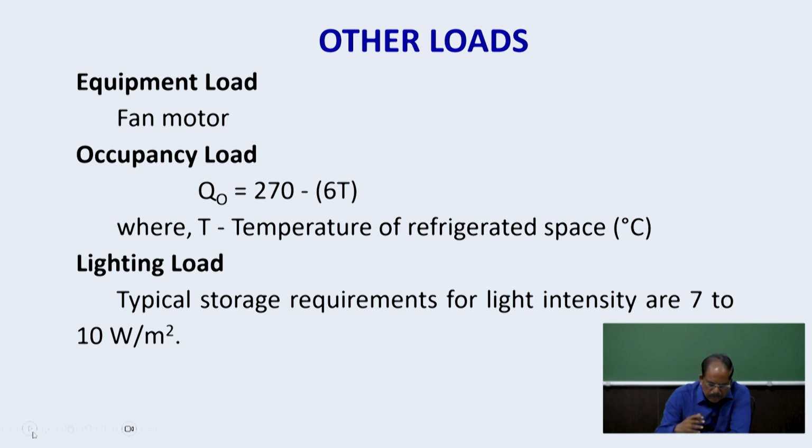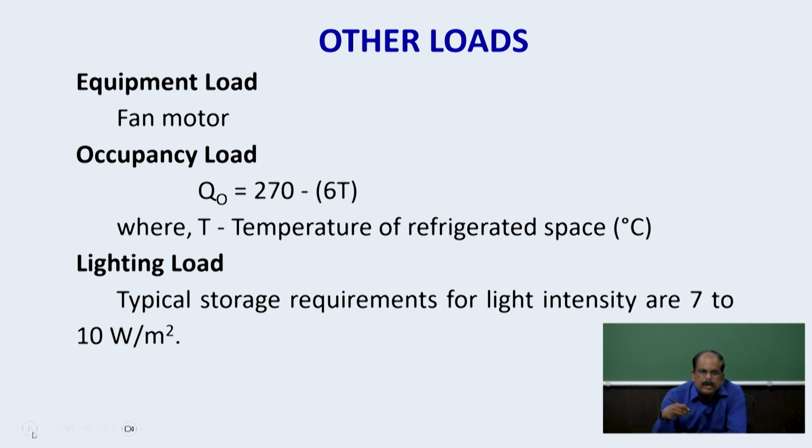This occupancy load can be calculated using the tables as per ASHRAE or ISHRAE standards. Even for the fan motor load, the rated kilowatt will be given. How much kilowatt is connected to the refrigerated space can be taken from the ISHRAE or the ASHRAE handbook.